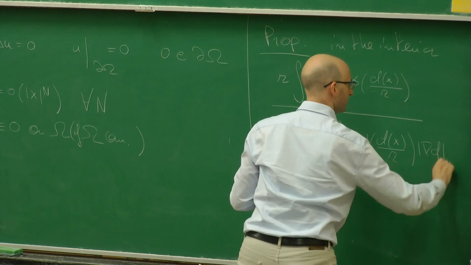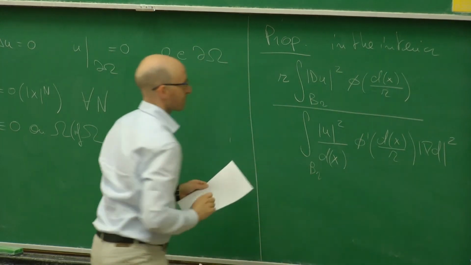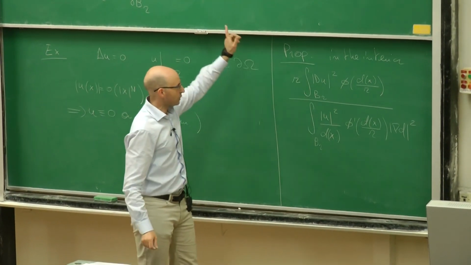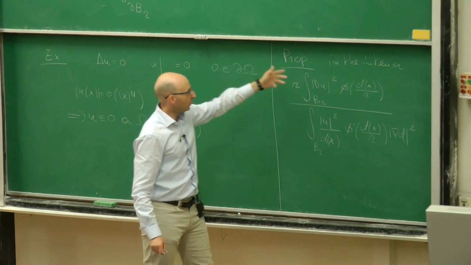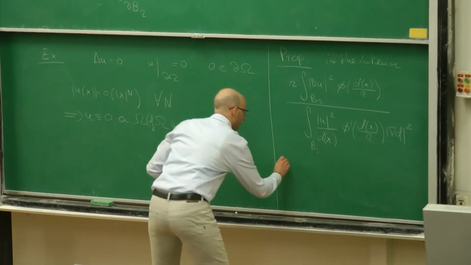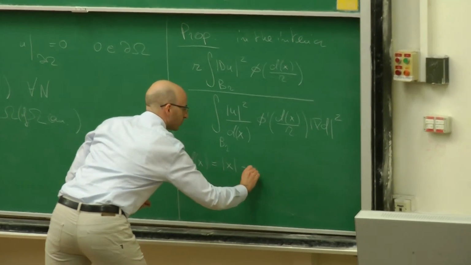Sorry, I'm going over time, but it's going to be really fast now. Okay, so in the interior, this is monotone and does the same job as the frequency function, where I have to tell you what this distance function here is. The distance function is something which looks like modulus of x plus higher order terms.